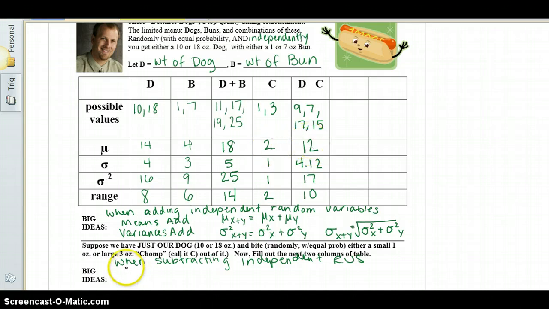So the means subtract. The mean of x minus y is equal to the mean of x minus the mean of y. If you look at the standard deviations, you can't subtract those. If you look at the variances, those don't subtract either. But if you actually add them, they add. So the variances add.